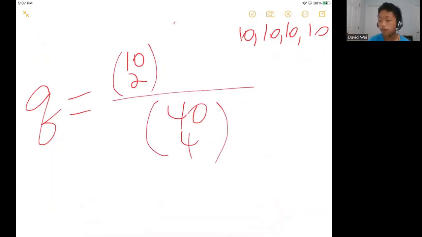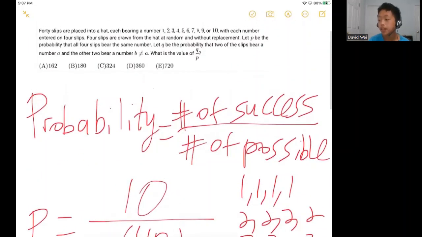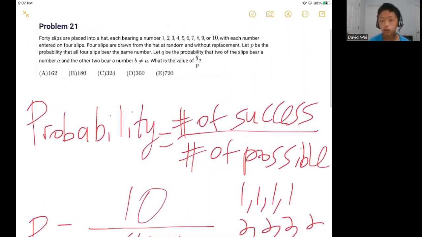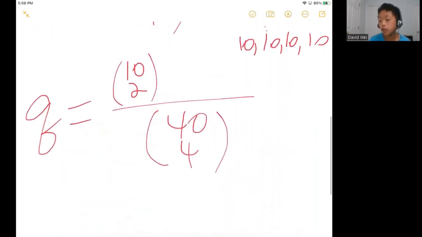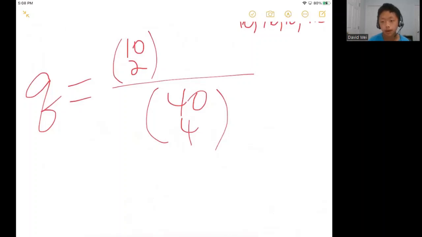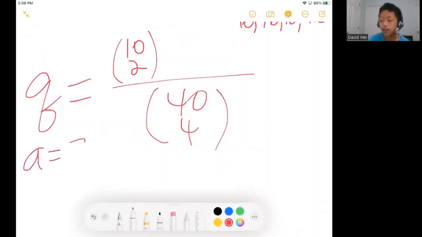In the problem, they indicated the 2 numbers by A and B. Let Q be the probability that 2 of the slips bear a number A and the other 2 bear a number B. So first, we want to choose what the values of A and B are. There are 10 choose 2 ways to do that, because we want to choose 2 values from a total of 10 values from 1 through 10. Suppose that the 2 values we choose are A equals 7, B equals 5 or something.